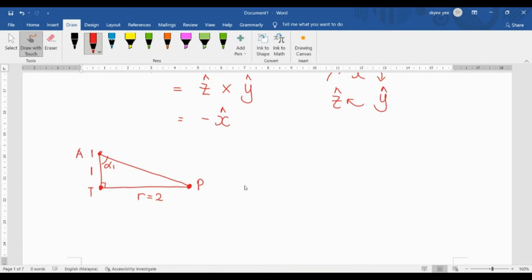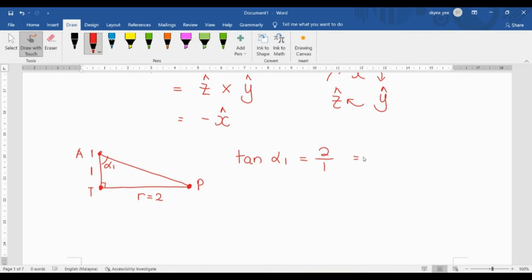Okay, so what is alpha 1? You can use a tangent. Tangent alpha 1 will be equal to opposite over adjacent. So you can take your calculator.